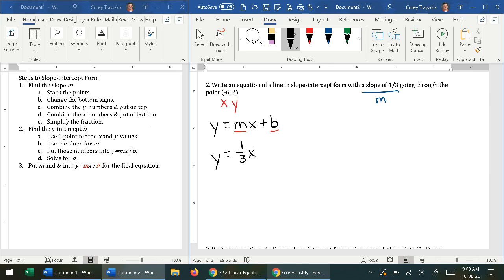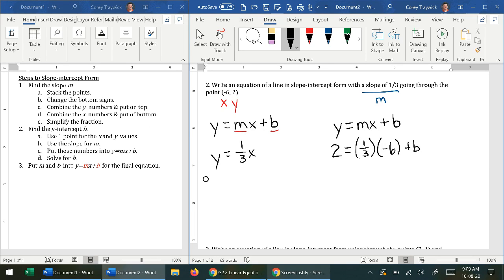And we're going to put these numbers into that side equation, y equals mx plus b. So our y number is 2. Our m number is 1/3. And our x number is -6 plus b. And b is what we're trying to isolate.